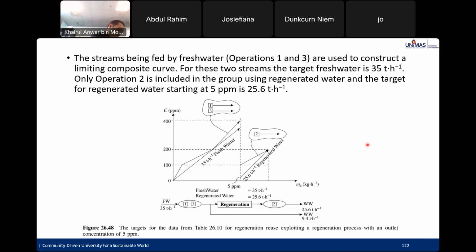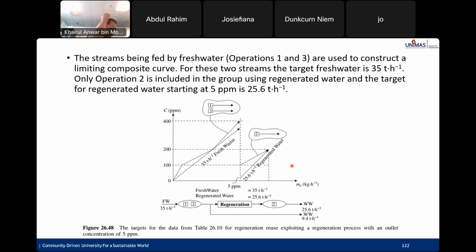So you get 35 ton. So meaning at this line, the value is 7. Here is 7.